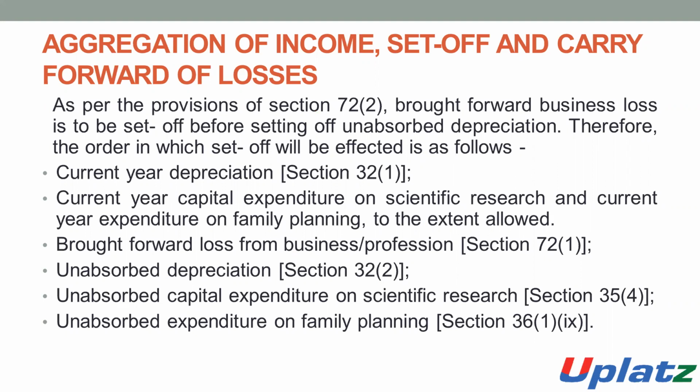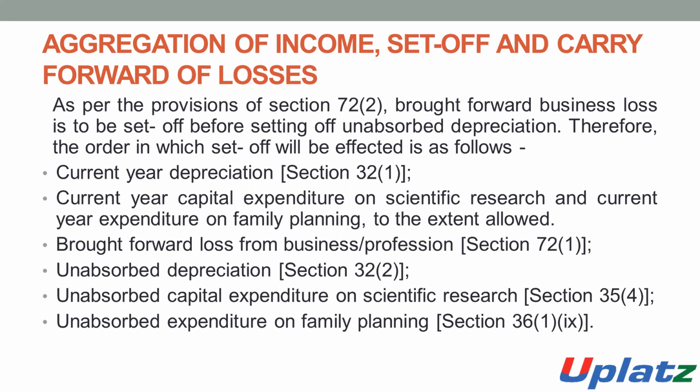Therefore, the order in which the set off will be effected is as follows. First, from the total income, we will reduce current year depreciation. Then we will reduce current year capital expenditure on scientific research and current year expenditure on family planning, to the extent allowed.